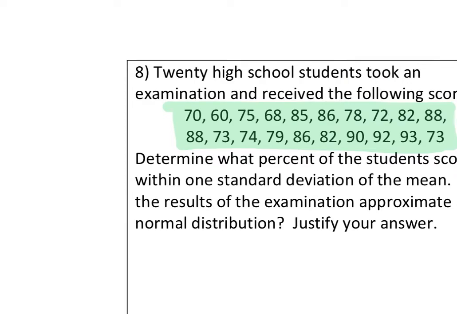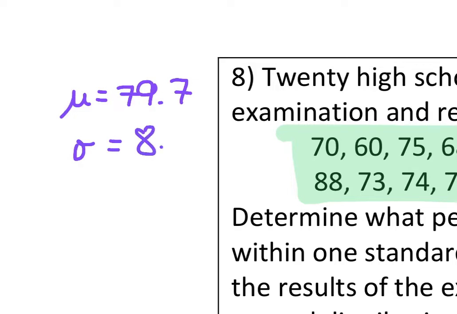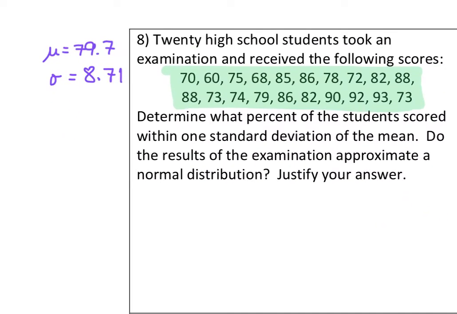And you should have found that the mean is equal to 79.7 and that the standard deviation is equal to 8.71. And then it asks what percent of the students scored within one standard deviation of the mean.